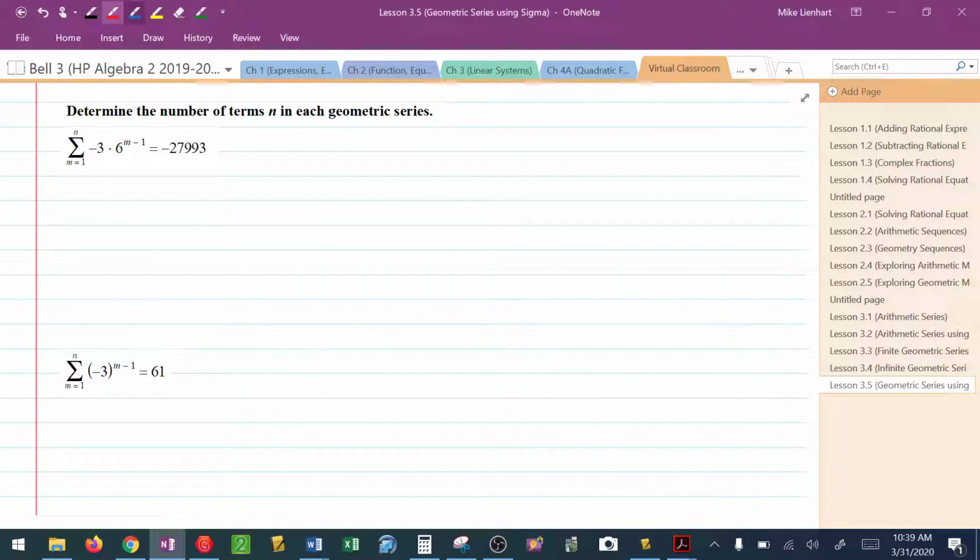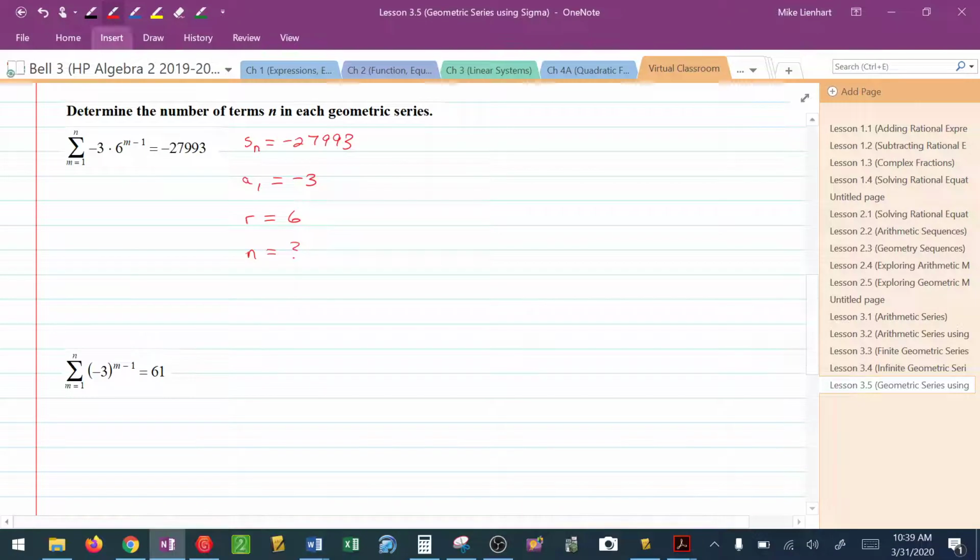In order to do this, we know the following facts to be true. We know that S sub n is negative 27,993. We know that a sub 1 is negative 3. We know that r is 6. And what they want us to find is n.